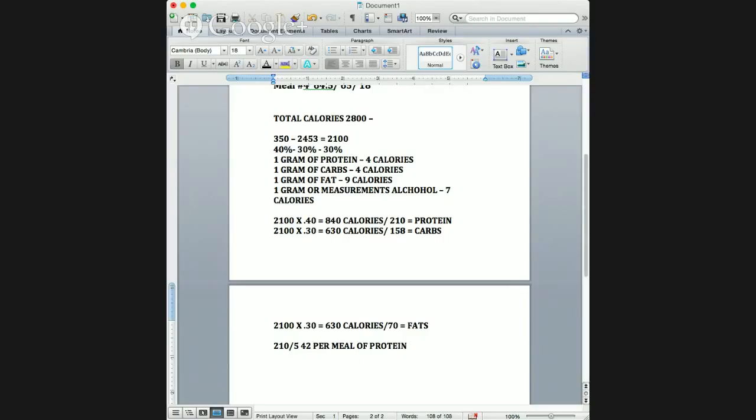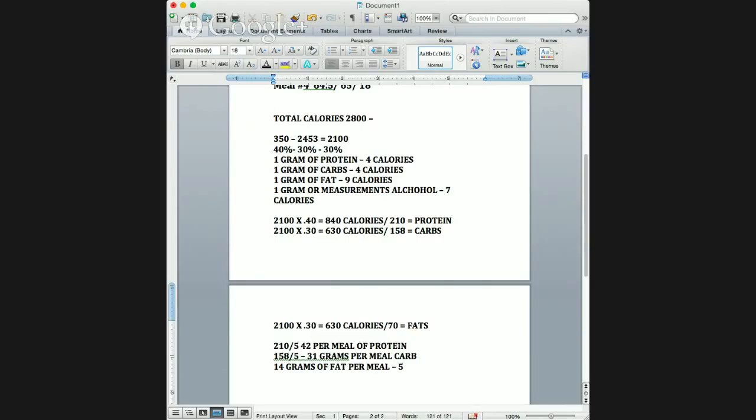On the carbs, we'd go 158 divided by 5, which is 31 grams per meal of carbs. And then our final number is going to be 70 divided by 5, and that's going to break us down to 14 grams of fat per meal, right, over 5 meals.